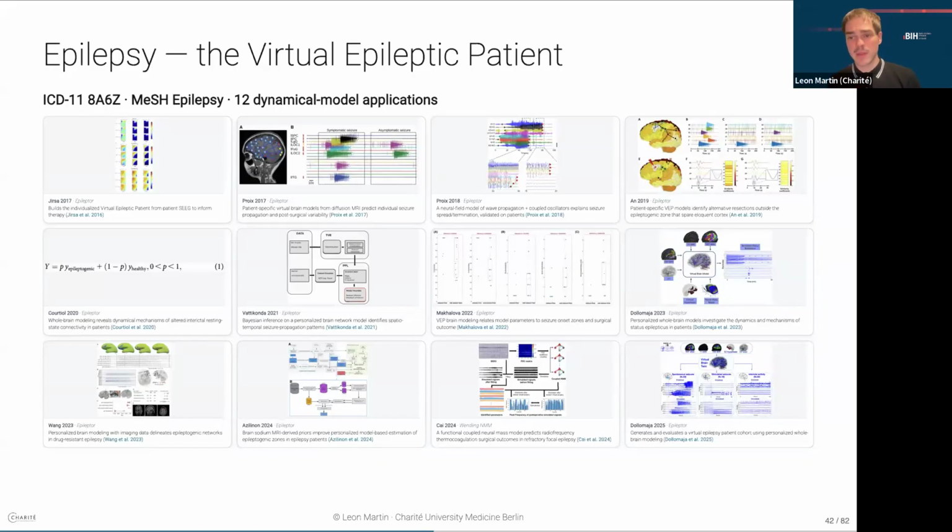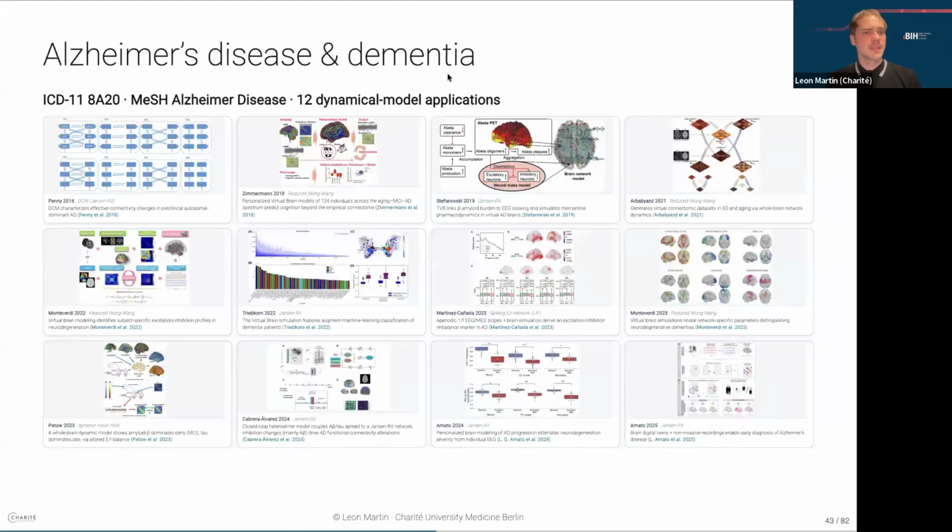Now also a big clinical study with 500 subjects tries to predict the epileptogenic zone with brain network modeling to guide surgery interventions, to guide real surgery, and proved to be really helpful in finding out where a seizure starts in the brain. And there are many studies that have had a look at this.